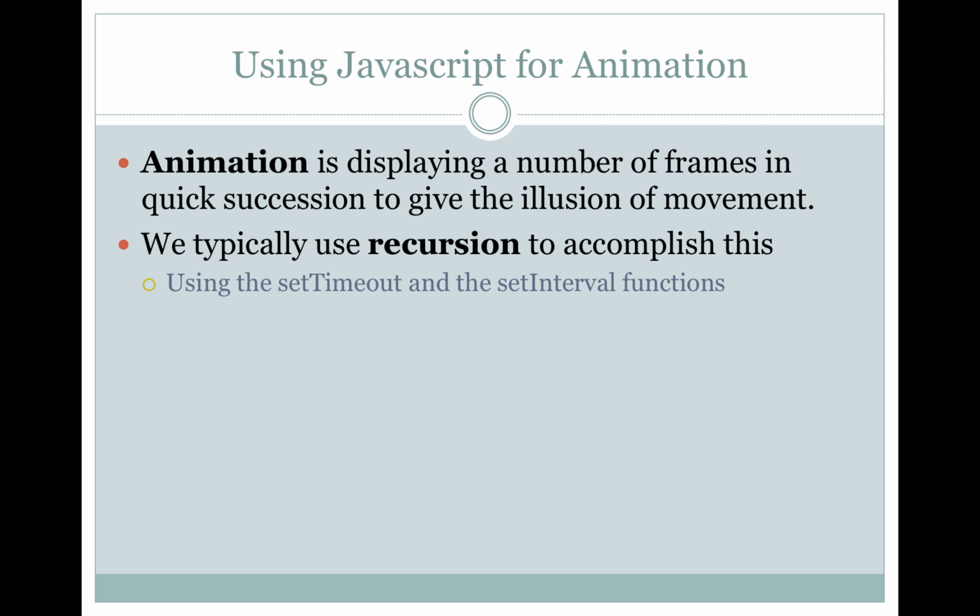We typically say that we will move an element, say, 10 pixels to the right. So we set up this process of saying, move this item 1 pixel to the right, then 100 milliseconds later, move it 1 pixel to the right, then 100 milliseconds later, move it 1 pixel to the right, and we keep doing this process, and it iteratively gives us this illusion of animation.